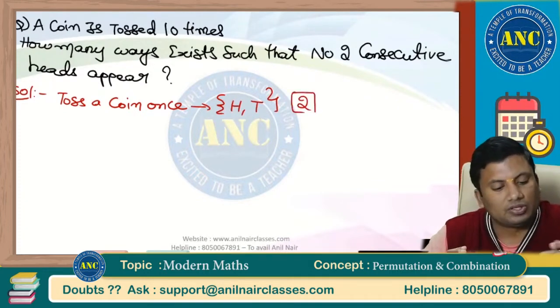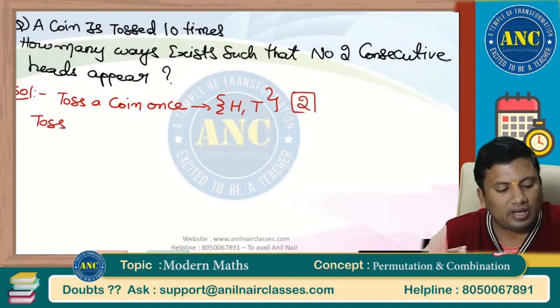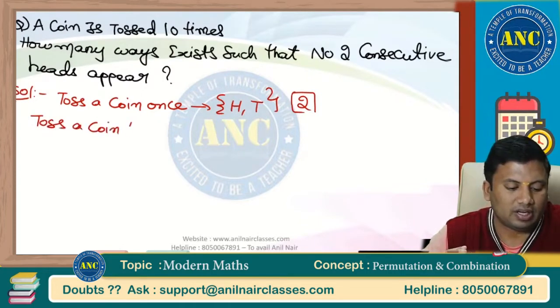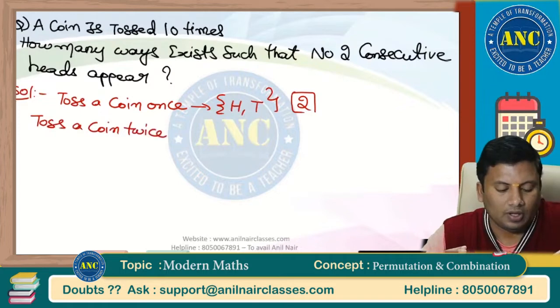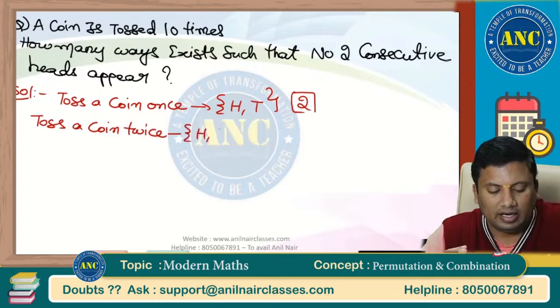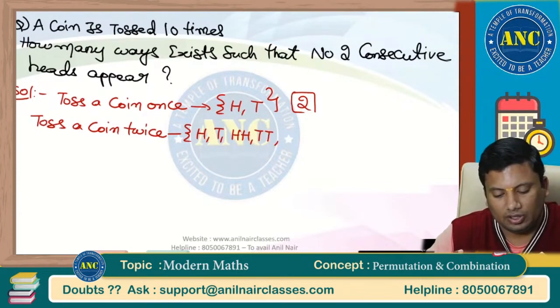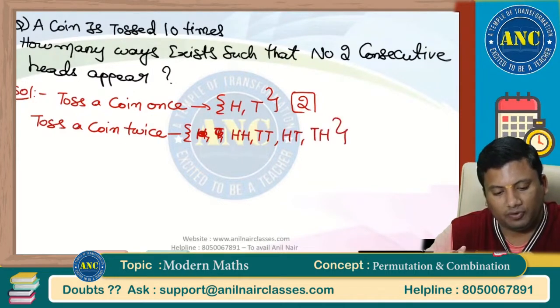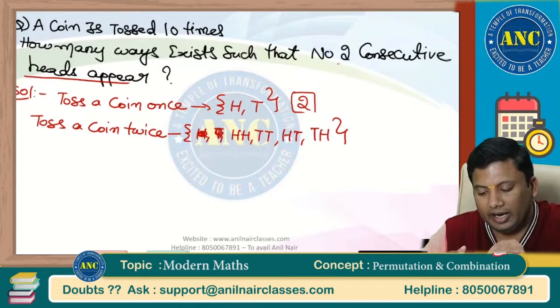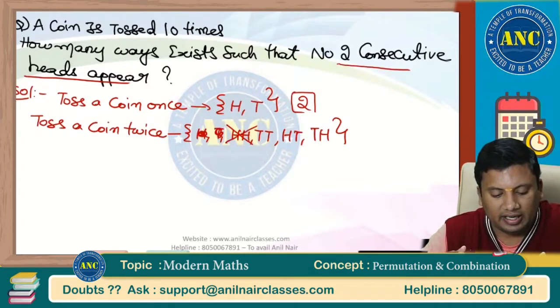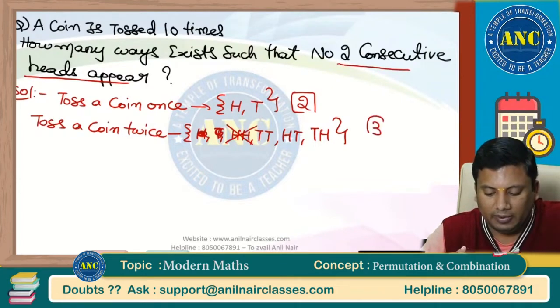Suppose if I toss a coin twice, I will get head head, tail tail, head tail and tail head. These are the 4 ways. No 2 consecutive heads appear, that means head head cannot appear. These are nothing but 3 ways.